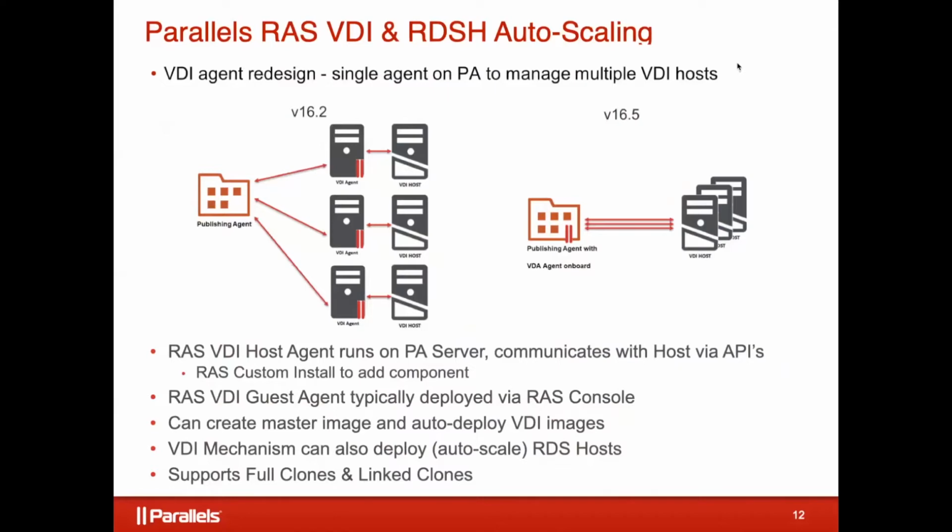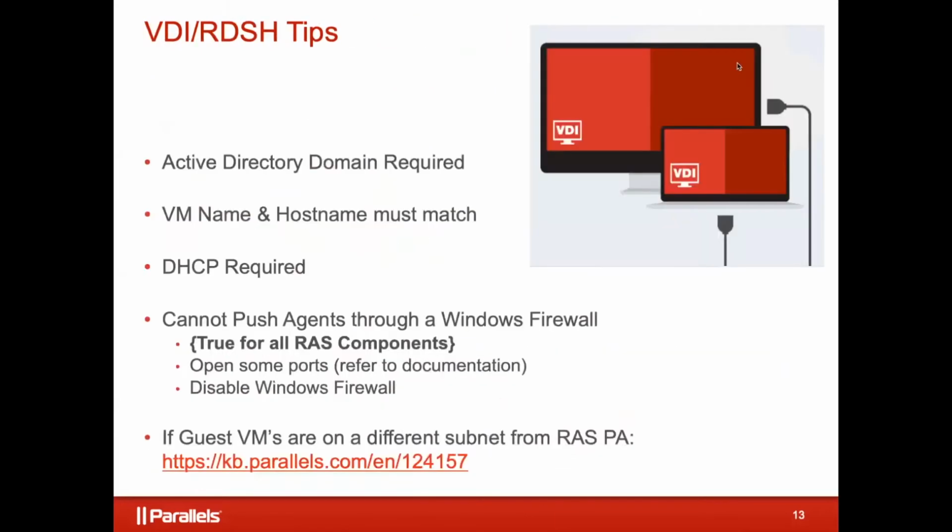It communicates with them via API. So instead of having to have a different agent running on every ESX or hypervisor host, it just runs on the publishing agents, and from there it can communicate with multiple hosts. So very, very simple. I'll show you how to install that when we get into the installing part, and we'll talk about some of these other auto deploy features as we go through it.